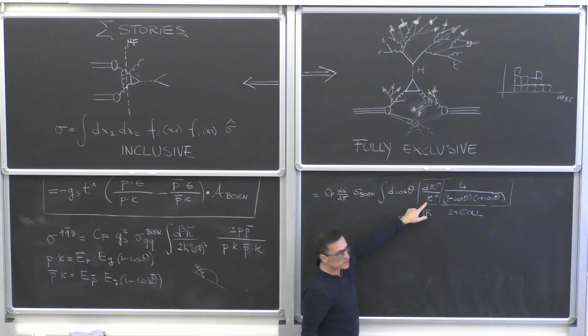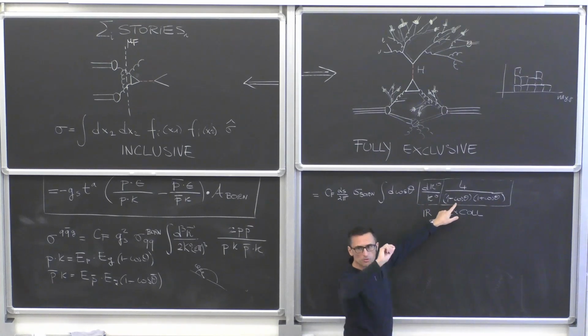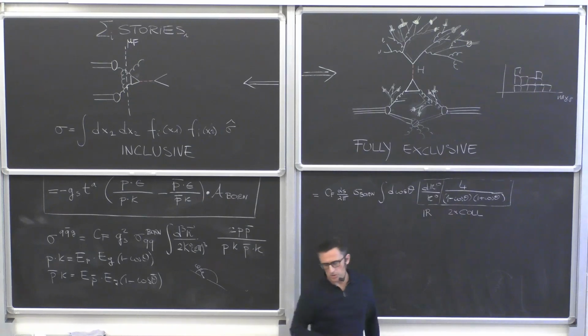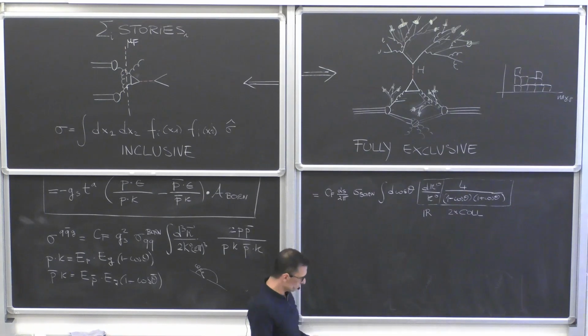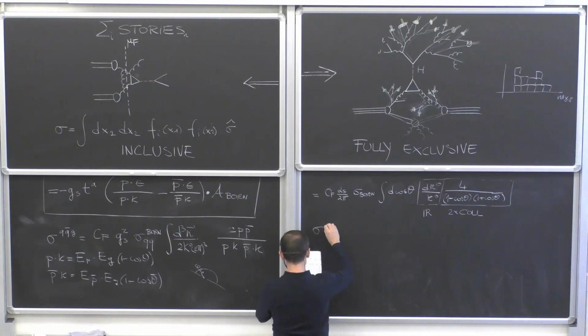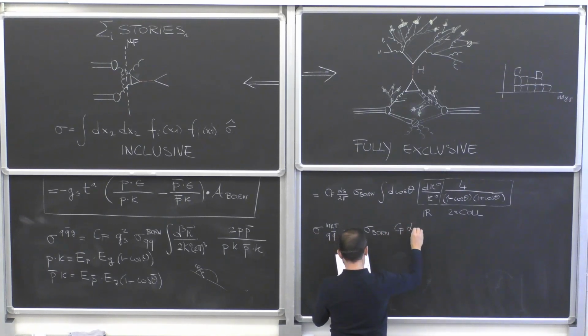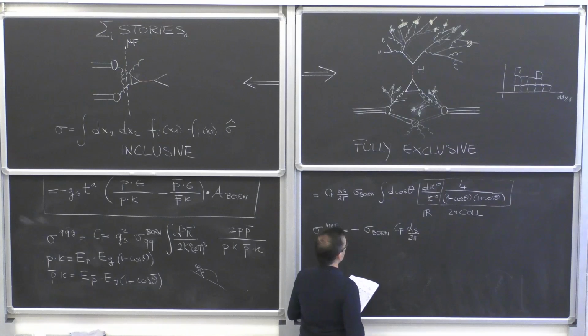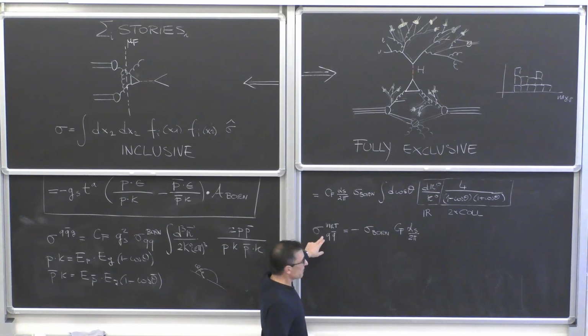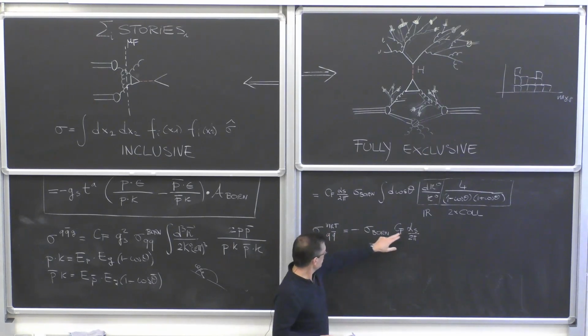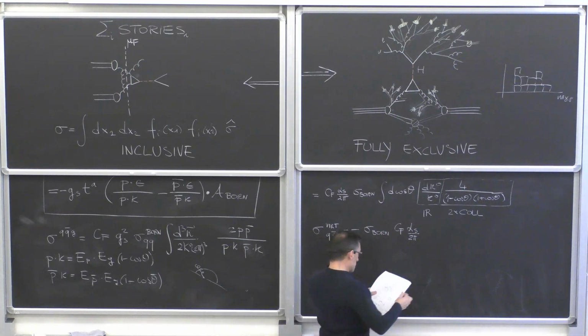It diverges at k0 equals 0 on the boundary, and also on the boundary of the cos theta. So what I can do is imagine that my virtual QQ bar is minus sigma Born C_F alpha_S over 2 pi. So here I will get a divergence proportional to the Born. So I can write it in this way.